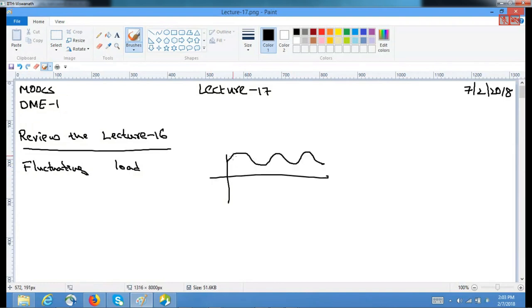So this is your minimum. This difference is your amplitude, and sigma A is equal to sigma max minus sigma min, and sigma mean is sigma max plus sigma min divided by 2.